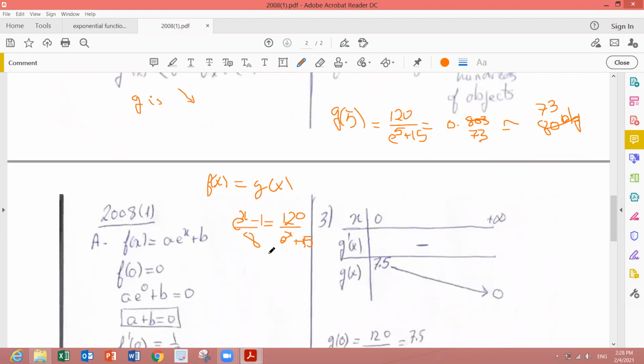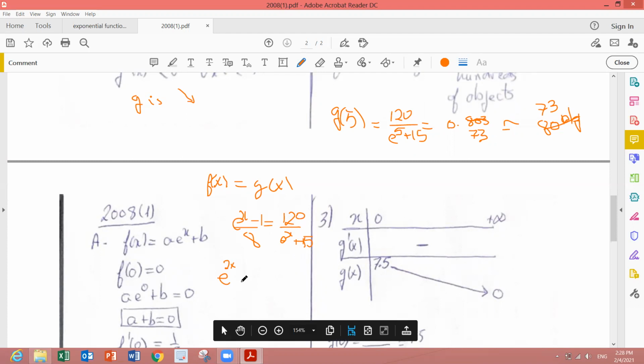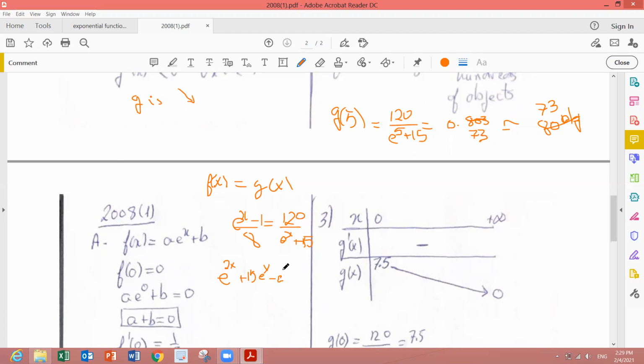Cross multiply. e to the x times e to the x plus 15 e to the x, minus e to the x, then minus 15, equals 8 times 120.